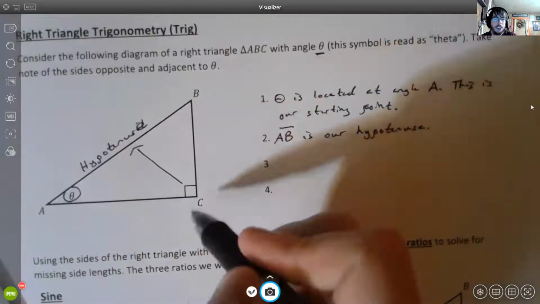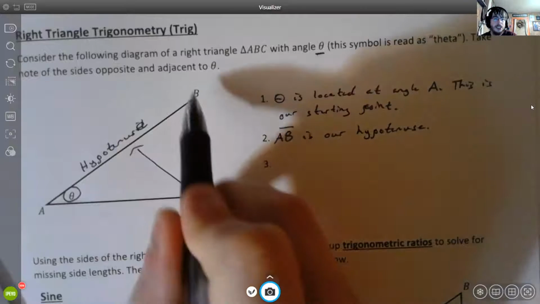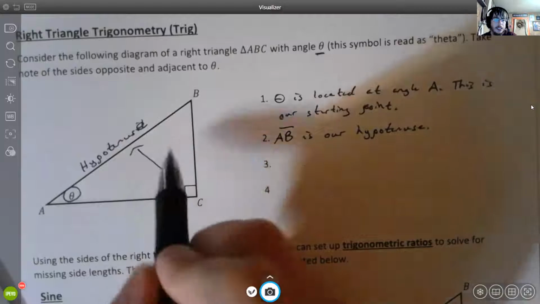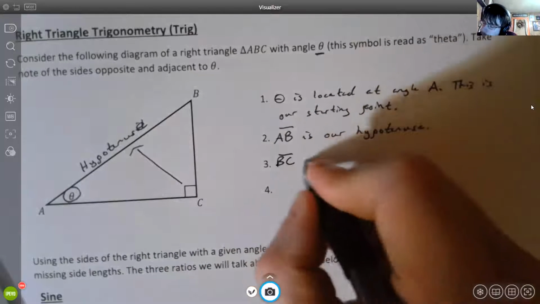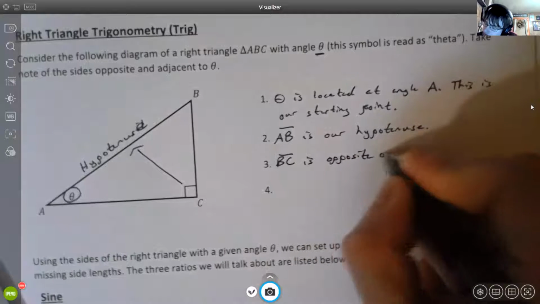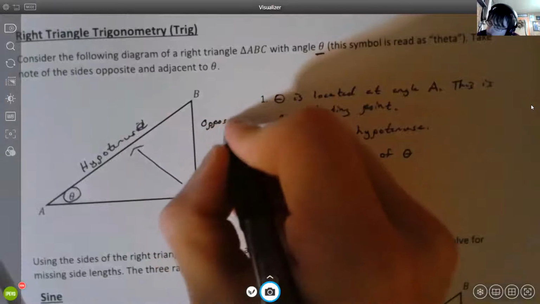Would it be BC or would it be AC? Well, BC does not touch theta at all, so that means that it is opposite of theta. So we would say BC is opposite of theta. And I'm going to write it on here just to be sure.